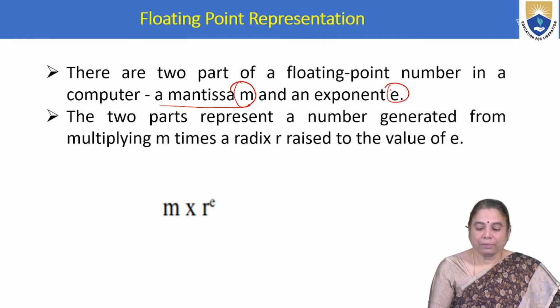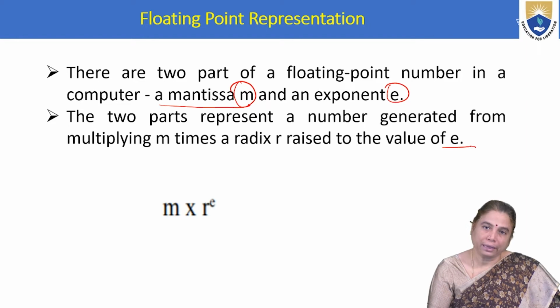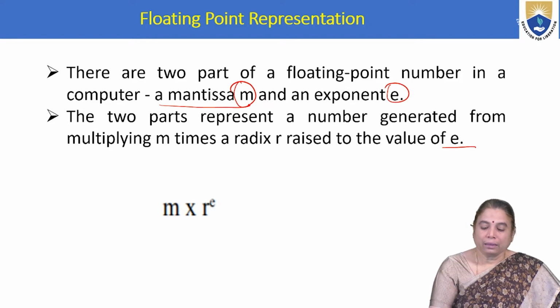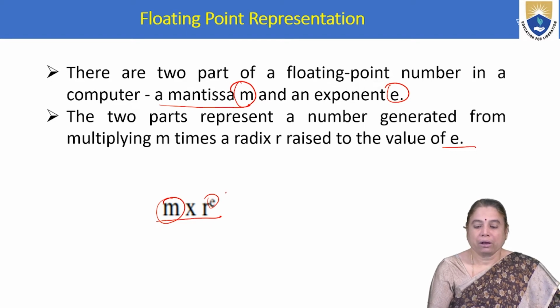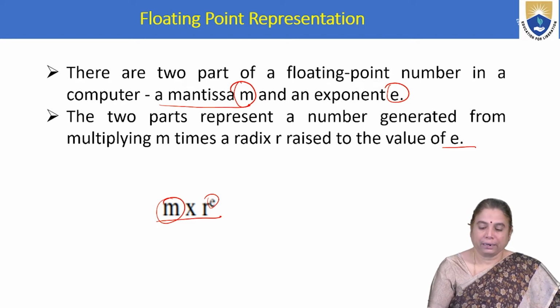The two parts represent a number generated by multiplying m times a radix raised to the value of the exponent e. So the basic representation of floating point is m multiplied by r power e: mantissa multiplied by radix power exponent. This is the basic notation of floating point representation.